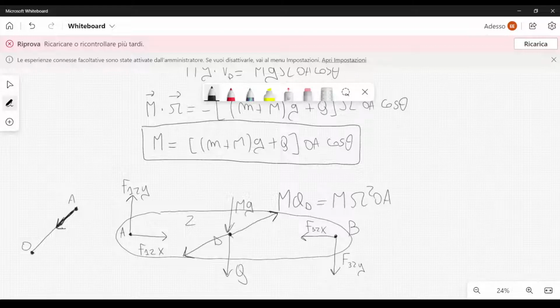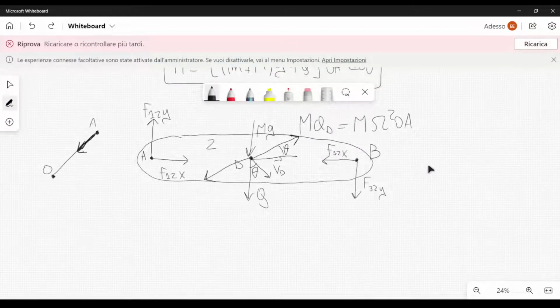Then let me also draw the velocity of the point D. So this is VD, and remember this angle here is theta. And this force MAD describes an angle theta here with respect to the horizontal line. So this line here wants to be horizontal. So this is horizontal. And so this is the free body diagram.